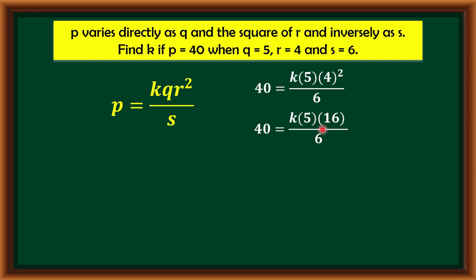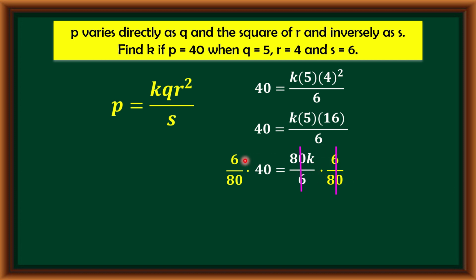And 5 times 16 is equal to 80. Therefore, we have here 40 is equal to 80K over 6. Now, let us isolate K here by multiplying both sides by the reciprocal of 80 over 6, which is 6 over 80. That way, this one will be equal to 1, leaving K alone to the right side.